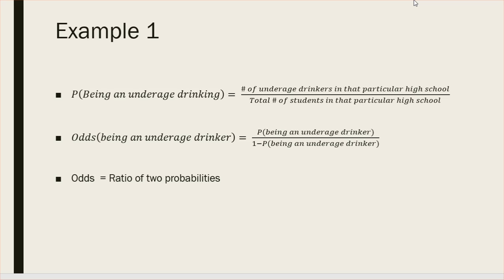And the odds of someone being an underage drinker would be the probability of being an underage drinker versus 1 minus the probability of being an underage drinker. Notice the denominator here.